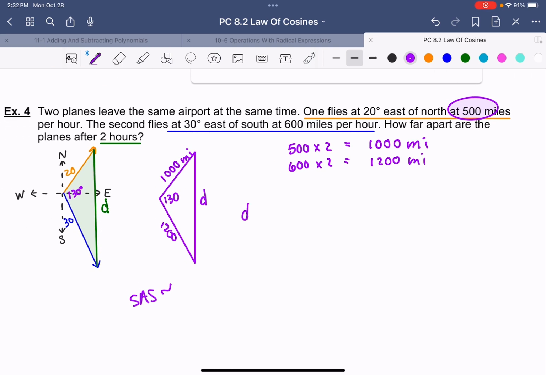So we can write d squared equals 1,000 squared plus 1,200 squared minus 2 times 1,000 times 1,200 times cosine of 130.